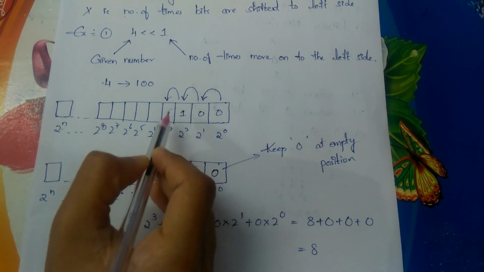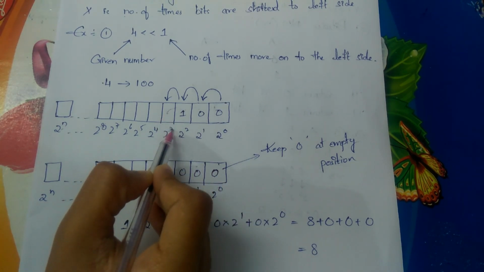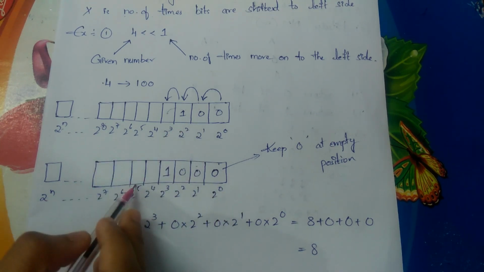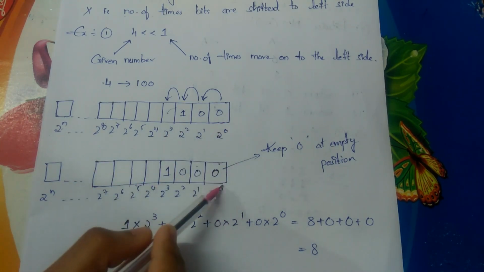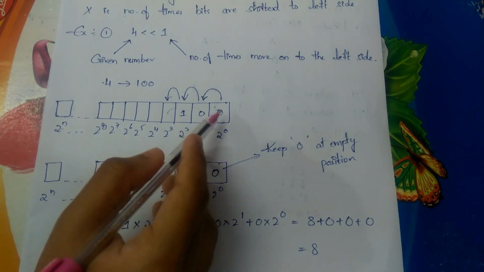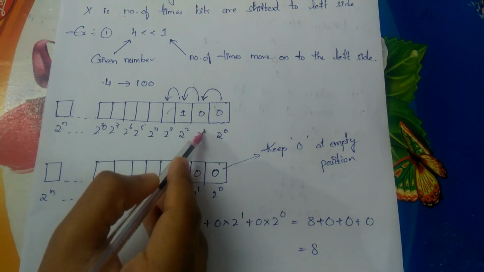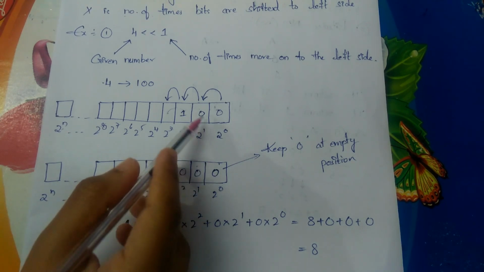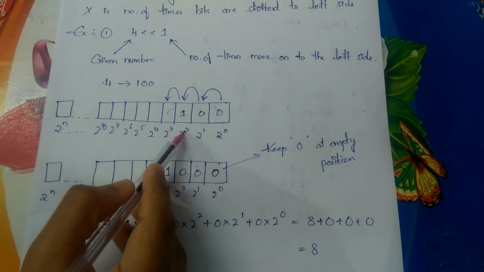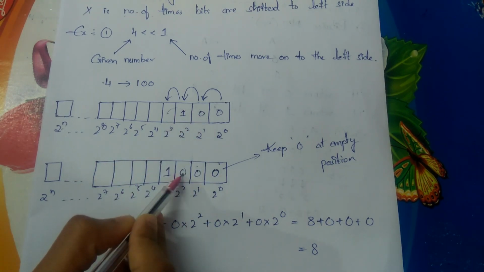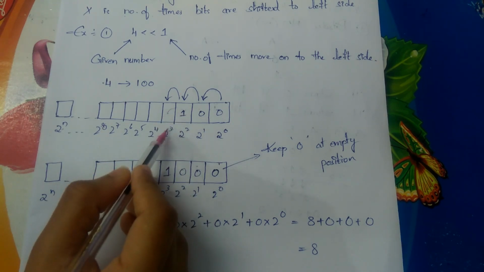Now for this 1, the place value is 2 power 3, nothing but 2 cube. After shifting, 2 power 1 has 0, 2 power 2 has 0, and the 1 is shifted to the 2 cube place.